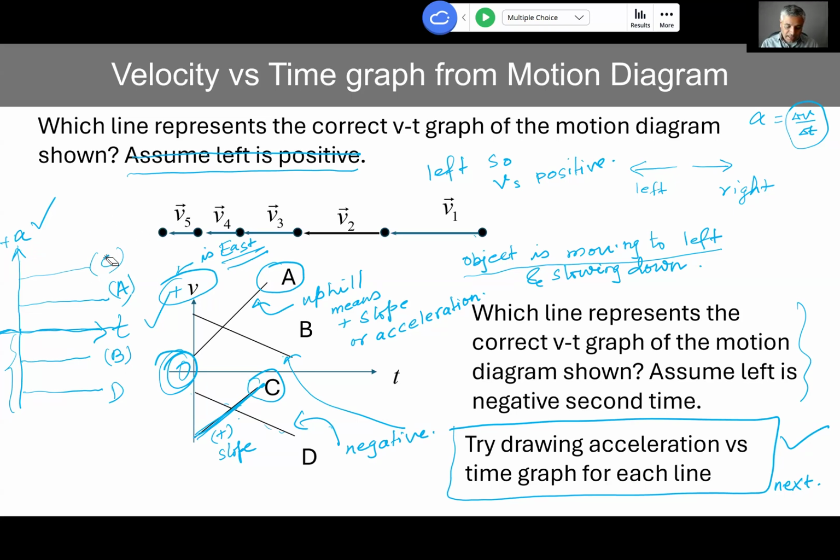Here it's hard to tell, so I'll just draw it closer. How big is the acceleration? To find the value, we need to look at the steepness of the slope. The steeper it is, the higher the value. That's how we look at it.